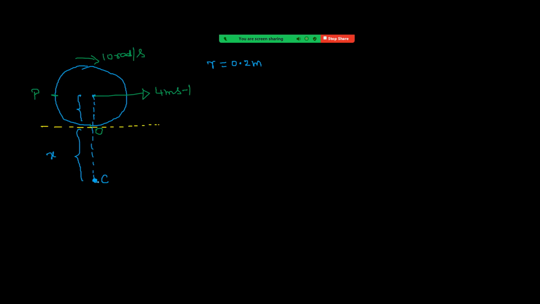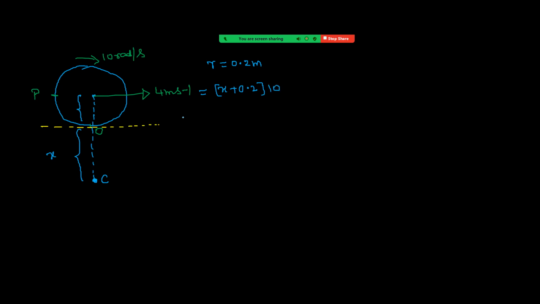If this is the center, velocity equals r into omega. R means distance from the center. That is 4 equals x plus r, distance from the center, into omega. Omega is now 10.